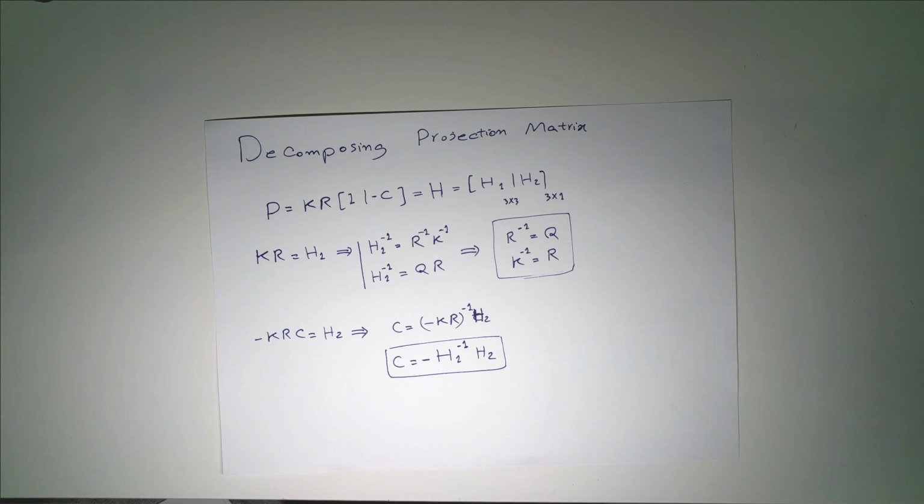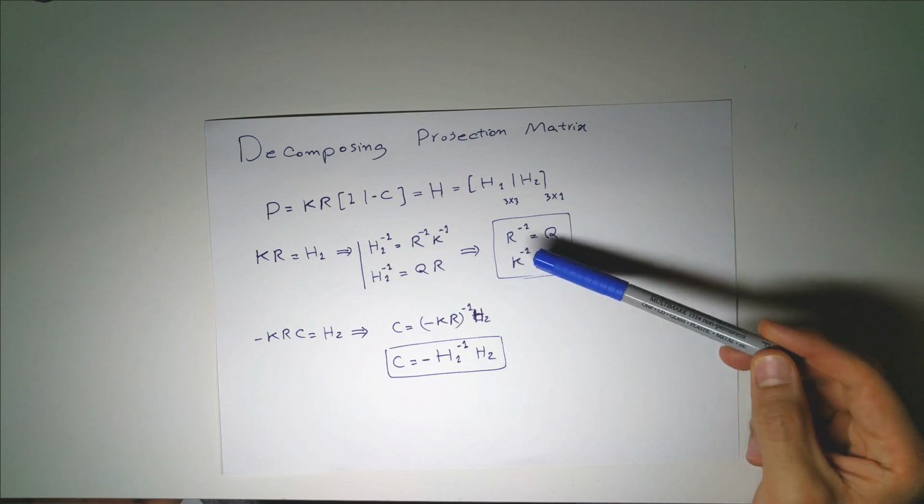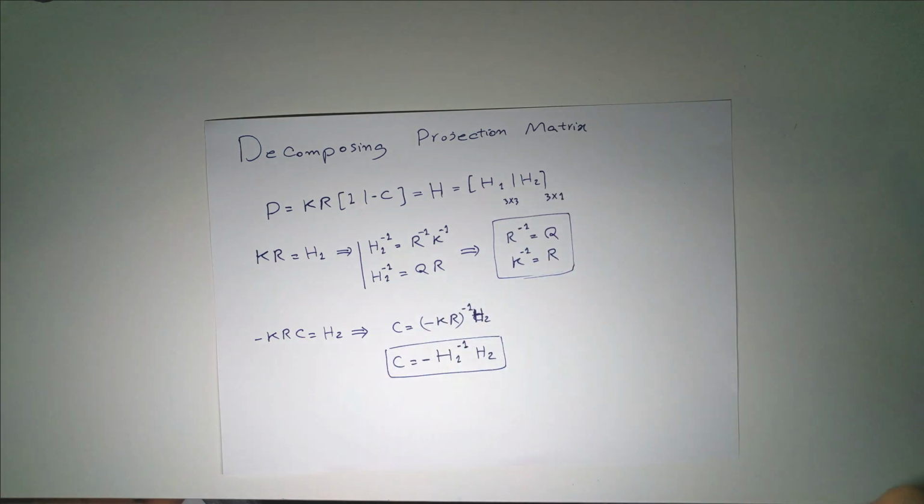So by having 6 points in the world coordinates, by knowing the X, Y and Z, we can find the intrinsic parameter K, the rotation R, and the translation for our camera.